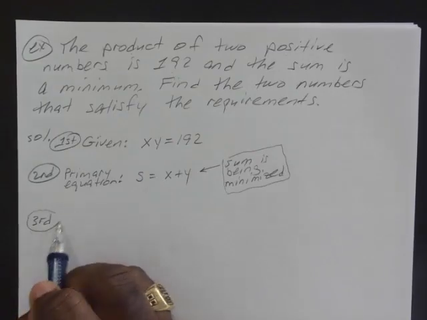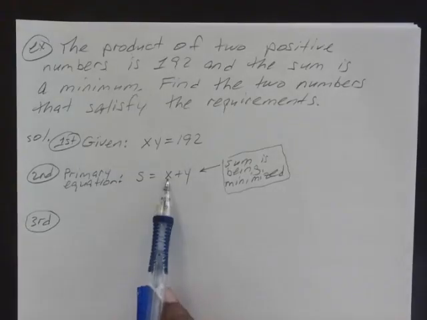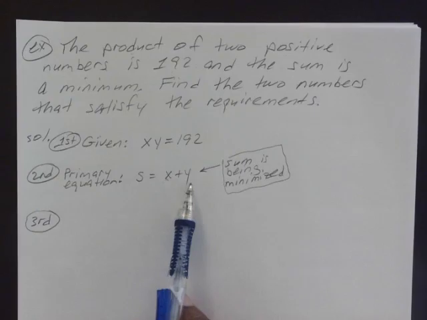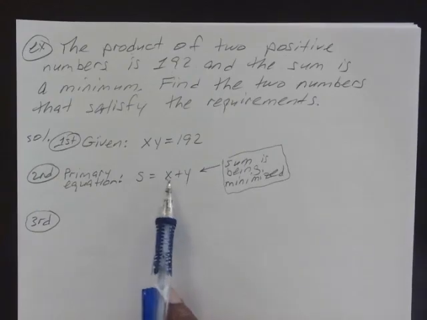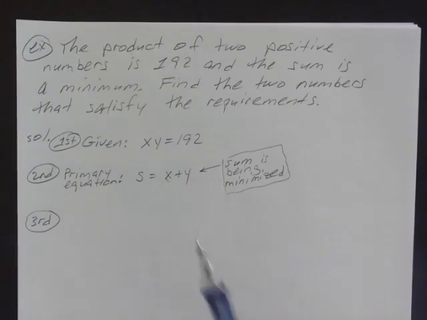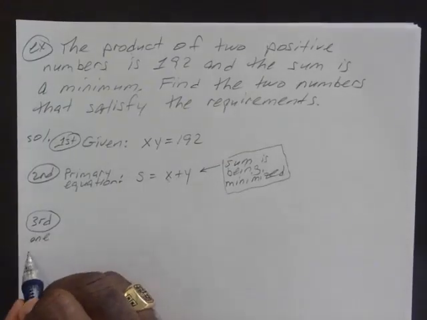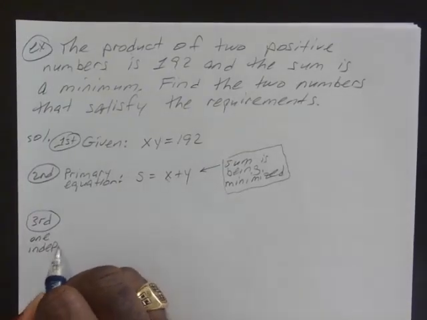Okay, so our third step is we have to take that primary equation, and in this case, it's a function of x and y. So we have to reduce that to either just a function of x or just a function of y. Okay, so we need one independent variable.